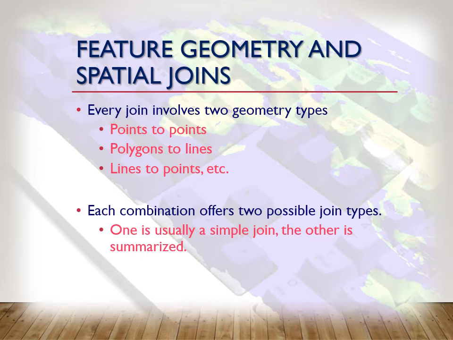So kind of like what I was saying in the last slide, one is usually associated with a simple join, and then the other is usually associated with a summarize. So again, if you're asking the question, which county is each school in, that's a simple join. But if you want to flip it around, how many schools are in each county, then you use a summarized join.